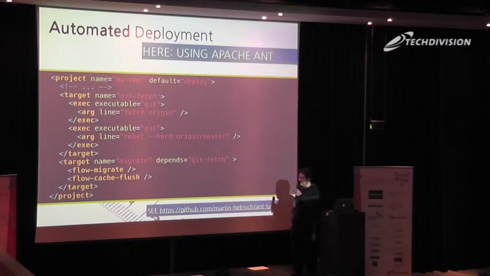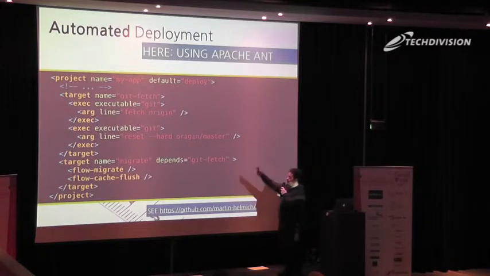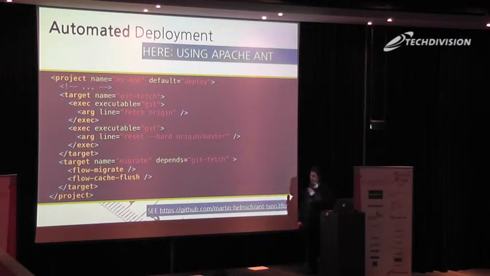They do everything in XML. And yes, this is how an Ant deployment could look like. It does have to be run on the server side, of course, to do the git fetch. You could also do it the other way around.